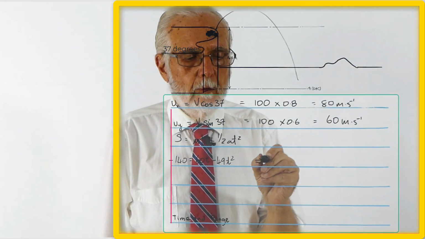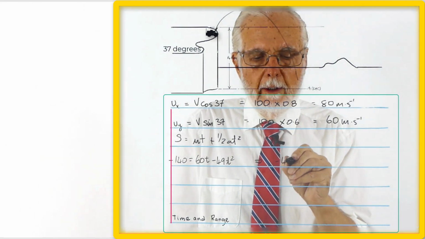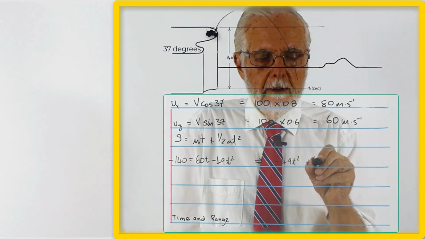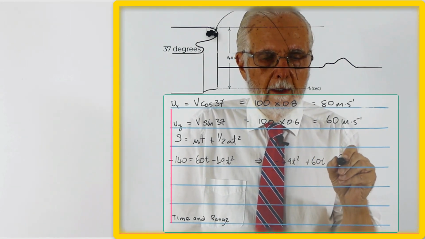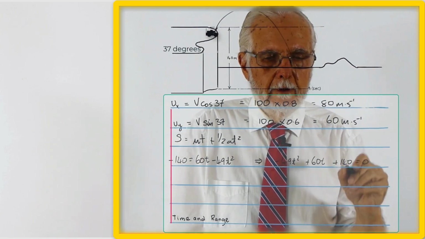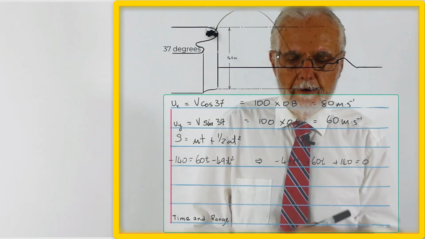Now if we equate that to 0, we get negative 4.9 t squared plus 60t plus 140 is equal to 0. So we can read off the quadratic coefficients.